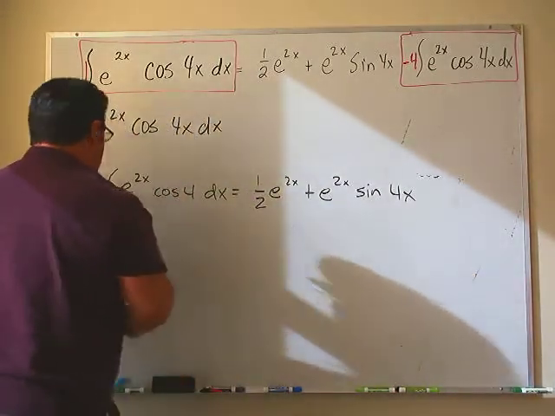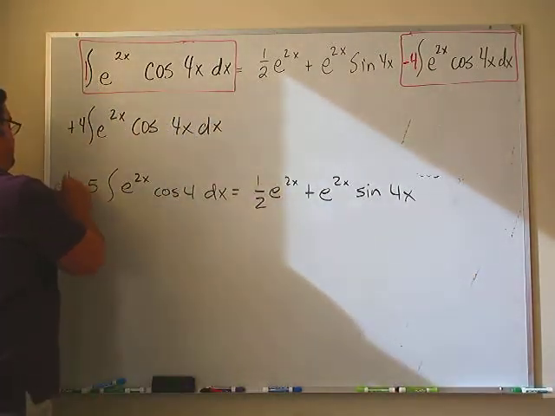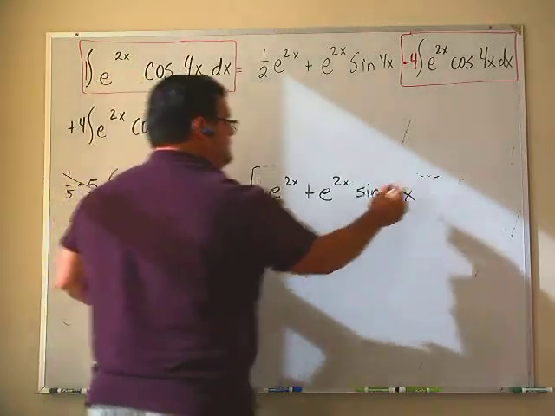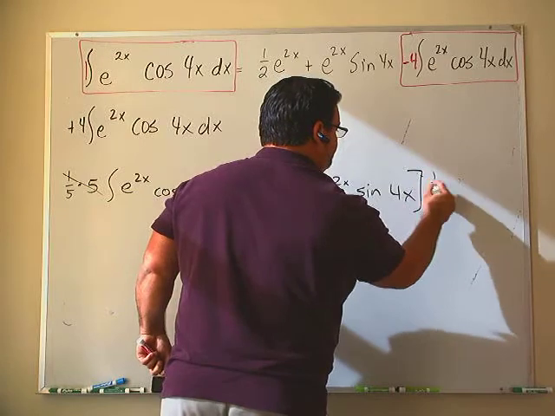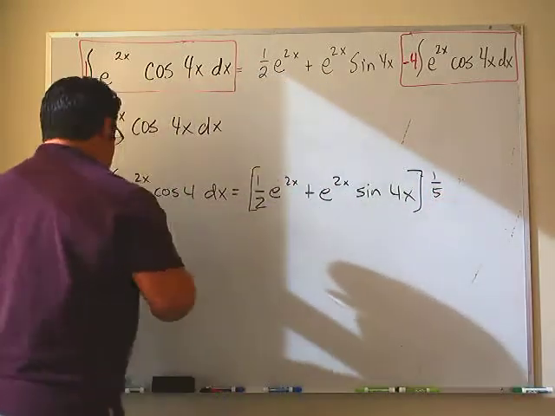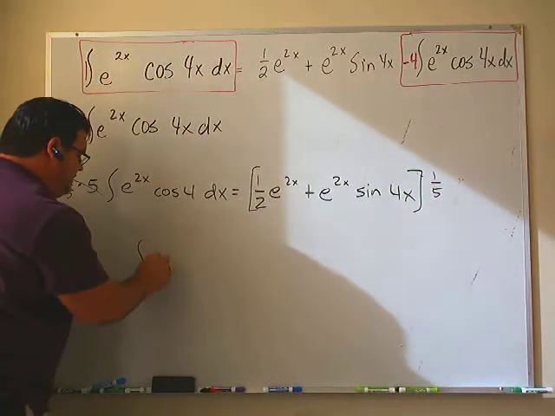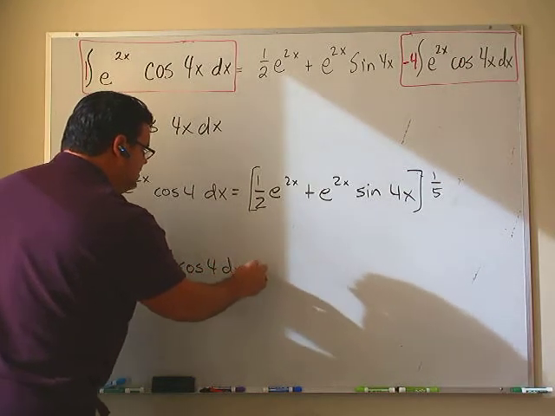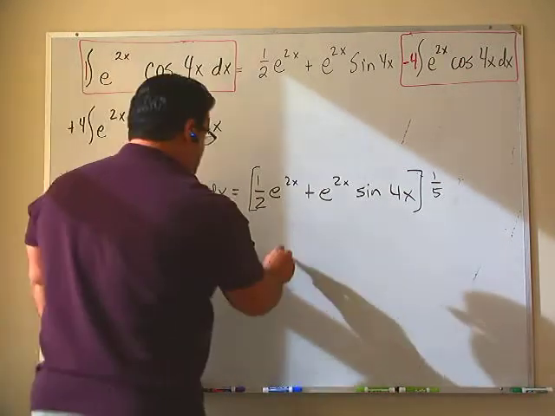Now, if you want to know the integral or the antiderivative of e to the 2x cosine of 4x dx, all you have to do is divide by 5. When you divide by 5, you multiply by what? 1/5. So we'll just do that together. And multiply this side by 1/5.